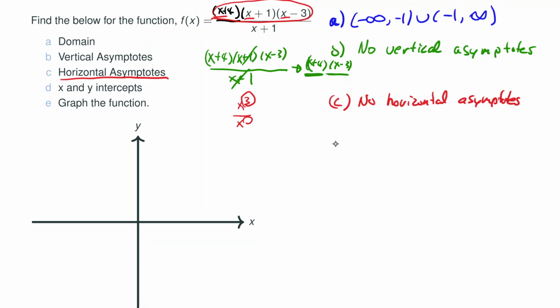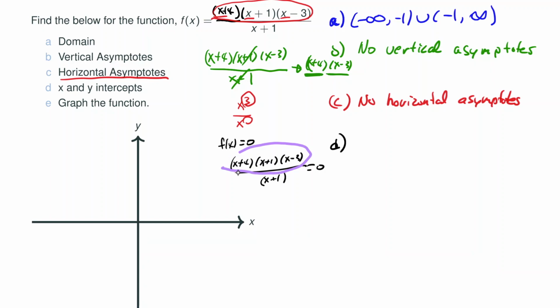And let's find the x and y-intercepts. For the x-intercept, solve the entire equation equals 0. So when is the function 0? When f of x, x plus 4, x plus 1, x minus 3 over x plus 1 equals 0. This is 0 when the numerator is 0, right?